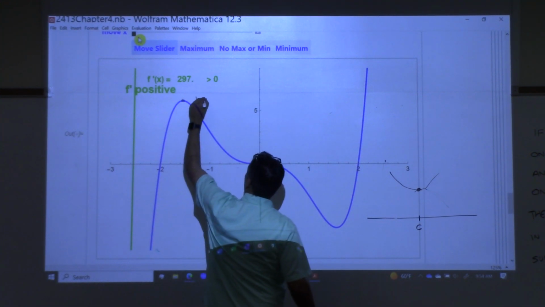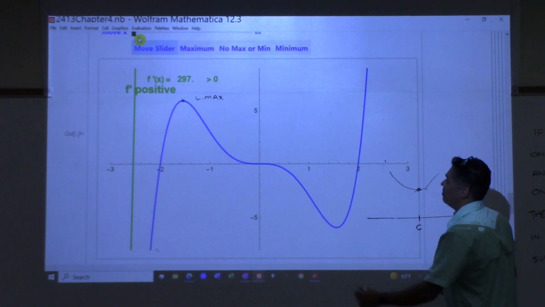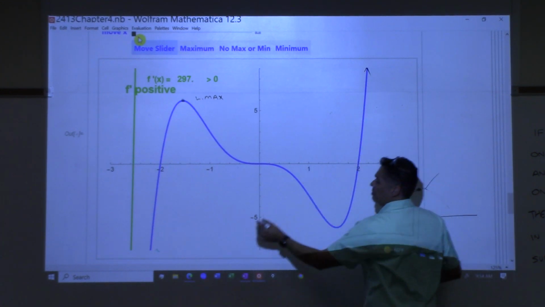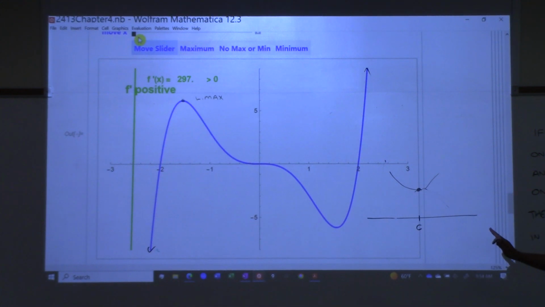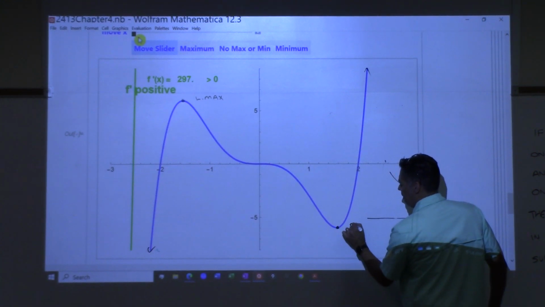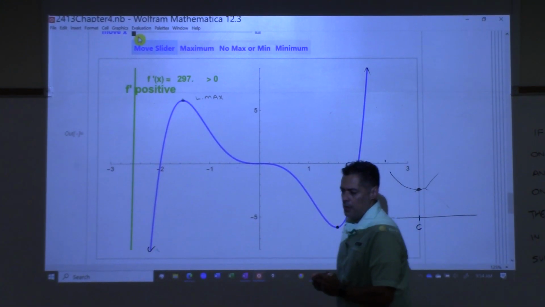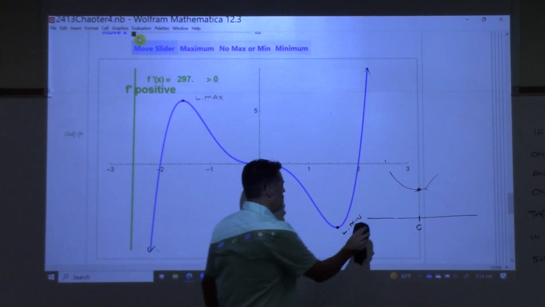This is a local max. Do we have any other local maxes? These are arrows that go forever. So do we have any other local maxes? No? Do we have any local mins? Yes. Right here, it's a local min, right? That's all we have, right? Just one local max, one local min.